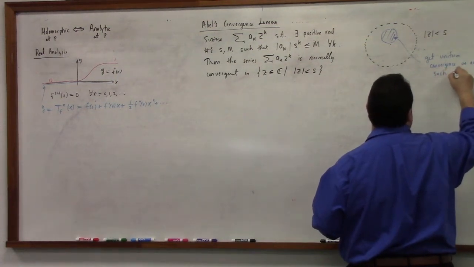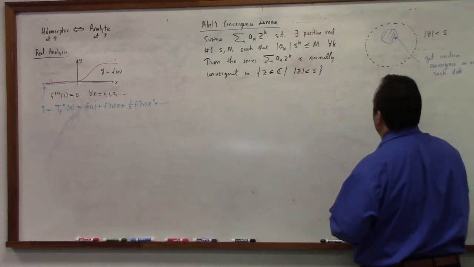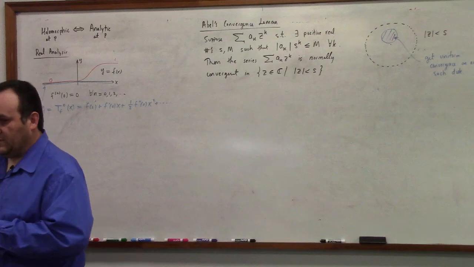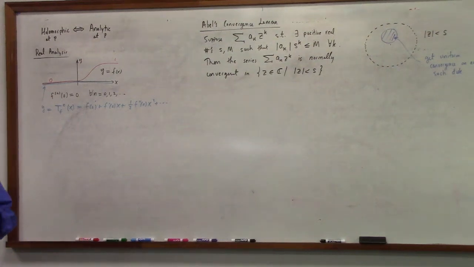And what did that mean? Uniform convergence of a series means uniform convergence of the sequence of partial sums, which means what? Which means that for each epsilon greater than 0, there exists an n independent of z, which forces the modulus of the nth partial sum and the series, the thing to which it's limiting, to be as small as you like.